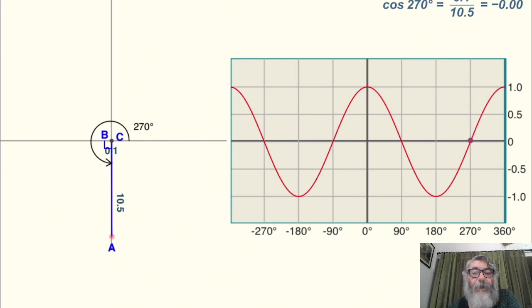Odd multiples of pi by 2, like we said, pi by 2, 3 pi by 2, 5 pi by 2, 7 pi by 2, 9 pi by 2, 11 pi by 2, 13 pi by 2, 15 pi by 2, 17 pi by 2, 21 pi by 2, 23 pi by 2, 25 pi by 2.